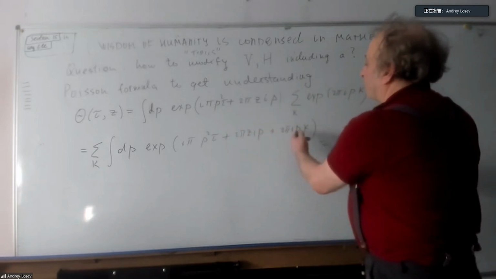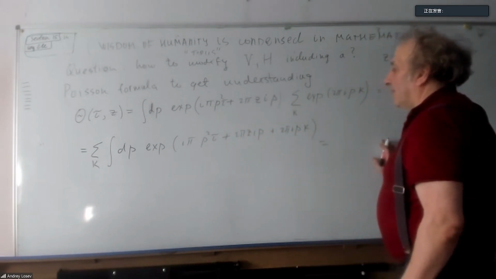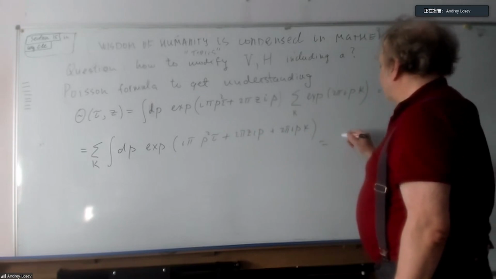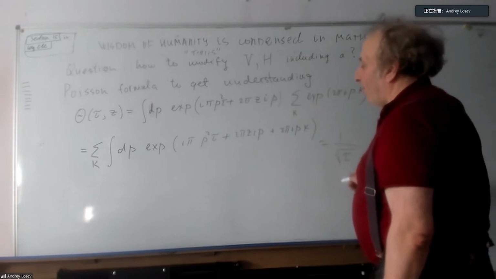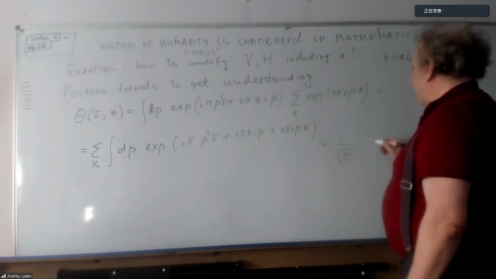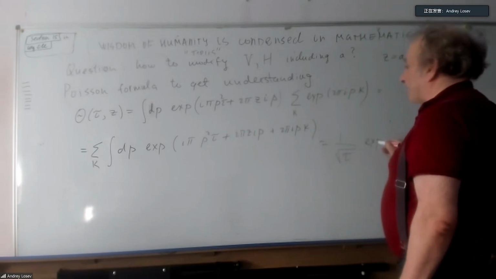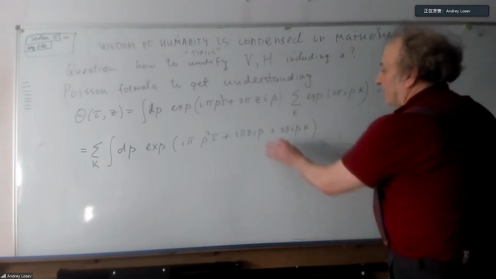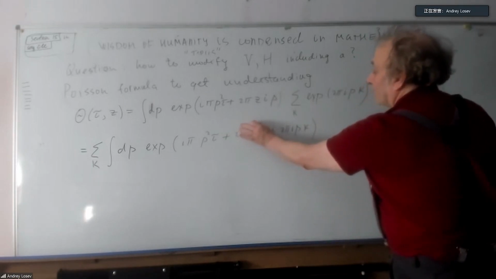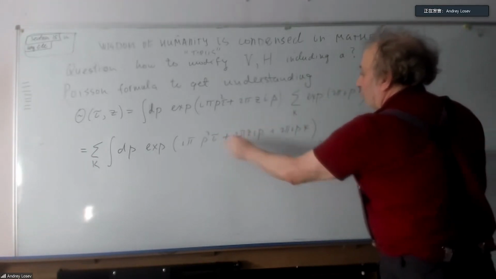I will just group it and say that it is 1 over square root of tau. And here I'll have exponential of what? Previously I had exponential of k squared over tau.